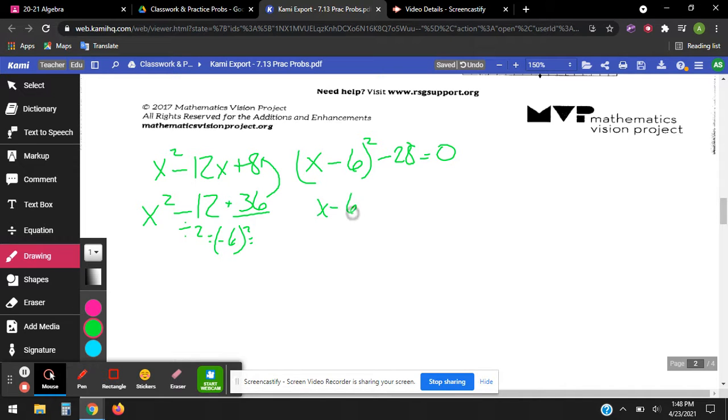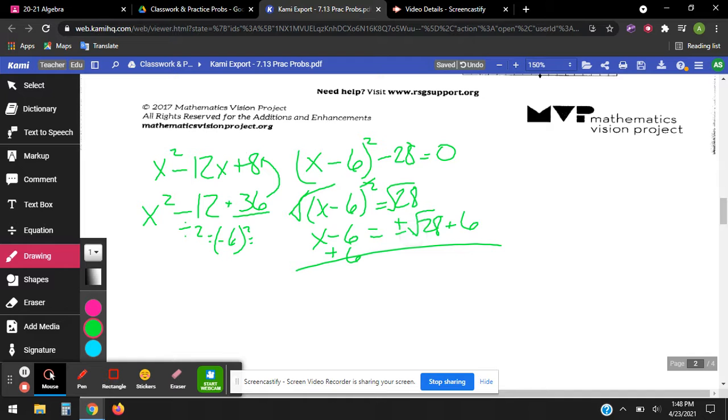So x minus 6 squared equals 28. X minus 6 equals plus or minus square root of 28, plus 6. So I actually want to write 28.